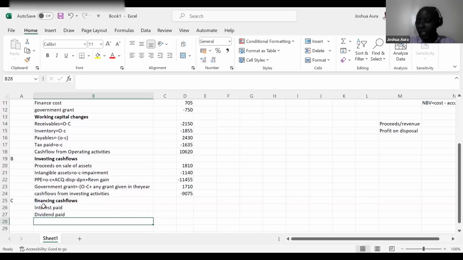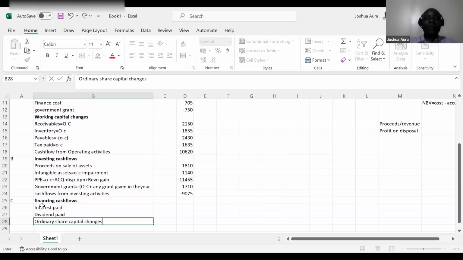We have ordinary share capital changes. So ladies and gentlemen, please come here. Ordinary share capital changes. Let's work on these things. We start with the easiest. If I'm the one doing this, my easiest will be the dividends paid. Dividends paid is normally the easiest because you simply need to look at the retained earnings account.